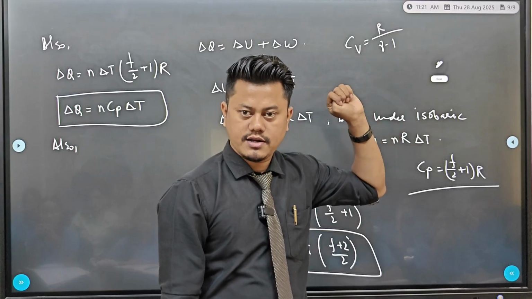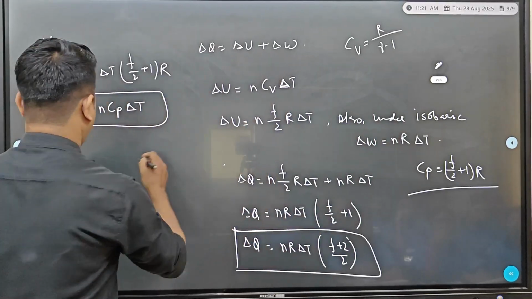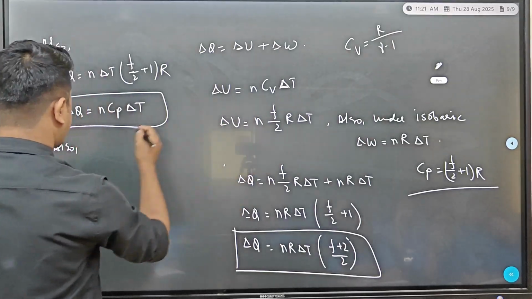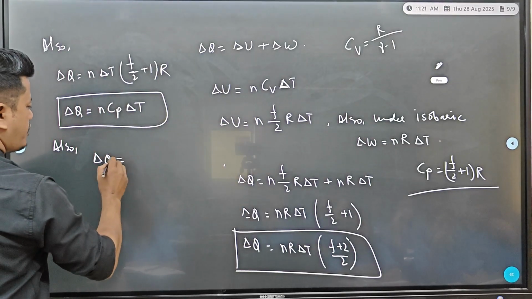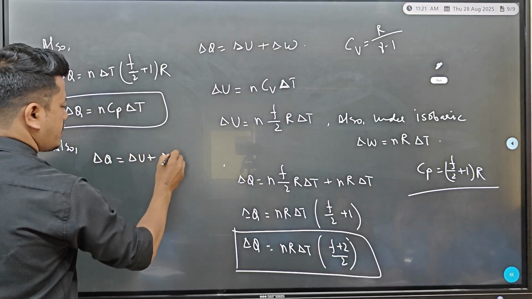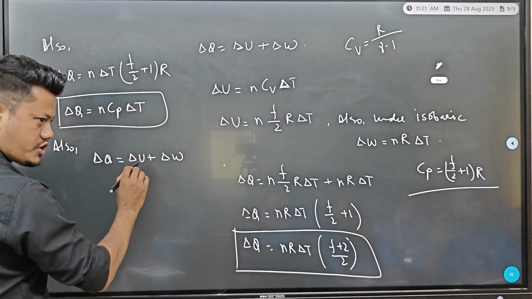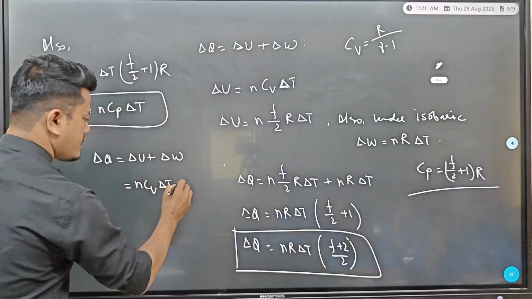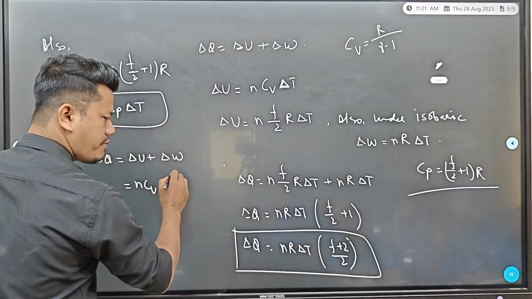Is that clear? Now, in the equation of the first law of thermodynamics, del Q is equal to del U plus del W. Understood or not? What was del U by the way? n Cv del T. And what was del W?